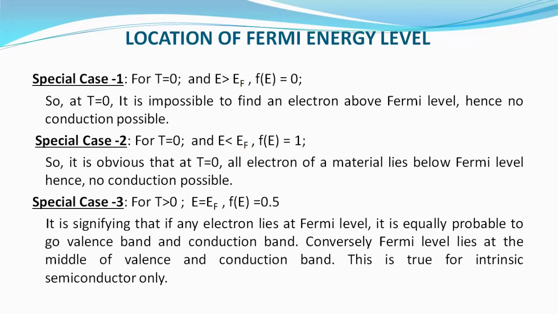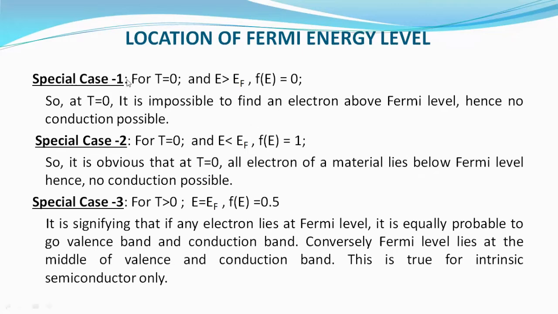So if we consider the Fermi level in the middle position of the energy gap, that means at the value of Eg by 2, exactly in between valence band and conduction band, then what these two cases, case 1 and case 2, are saying is that if you have any electron in the valence band, that means below the Fermi level, the allowed state is only the valence band, and above the Fermi level the allowed state is only the conduction band.